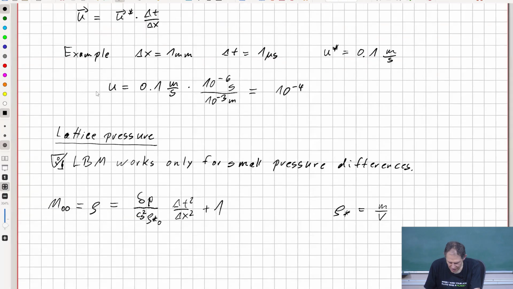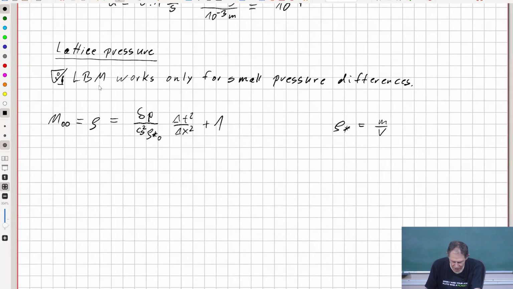So this is the recomputation, the scaling of the variables, and now we want to set, for example, initial conditions. We call the initial conditions IC.